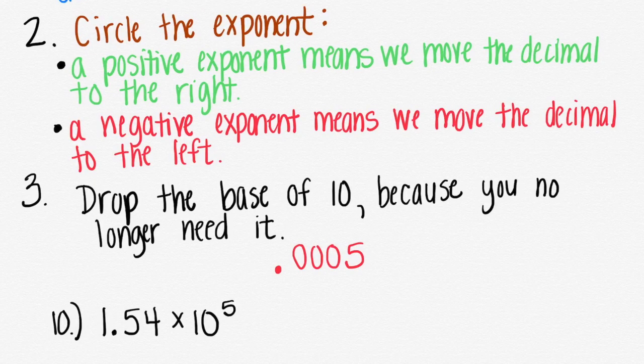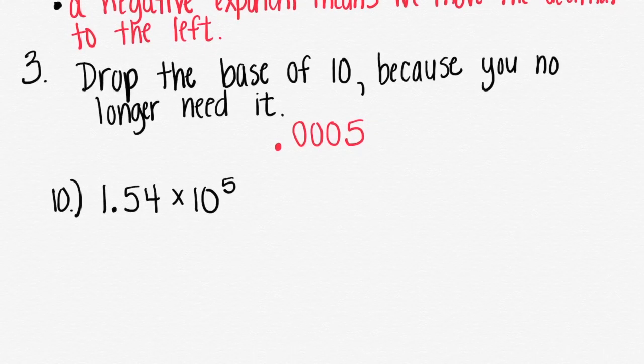If you look at number 10 on your worksheet, let's go ahead and do this now with a big number, or a positive exponent. This time, since we have a positive exponent, we're going to be moving our decimal to the right. So we have 1.54. We are going to take our decimal point and move it 5 spaces. Since it is a positive exponent, we are moving it to the right, 5 spaces. 1, 2, 3, 4, 5.